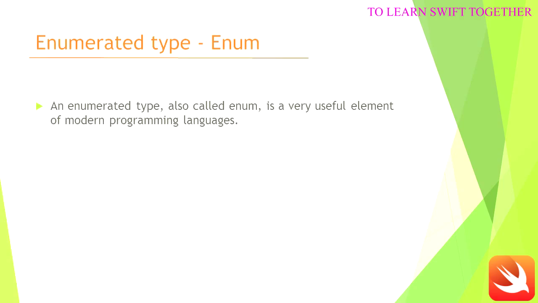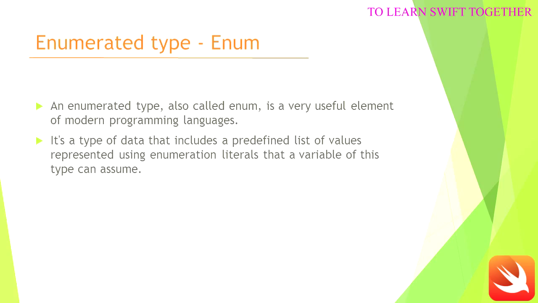Enumerated types, also called enums, are a very useful element of modern programming languages. It's a type of data that includes a predefined list of values represented using enumeration literals that a variable of this type can assume, hence the name.